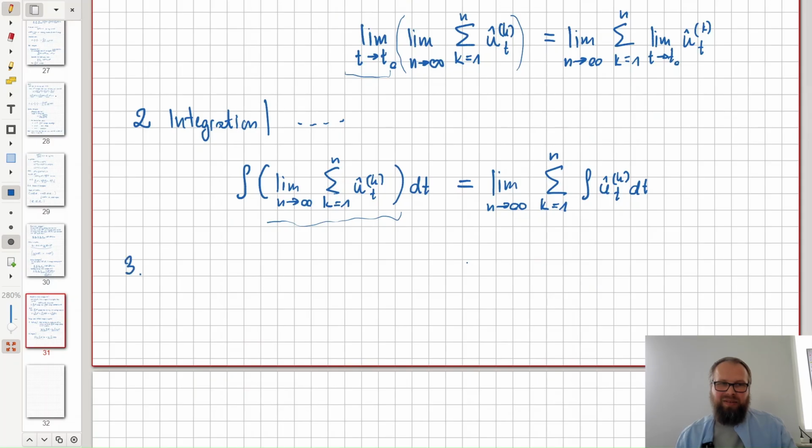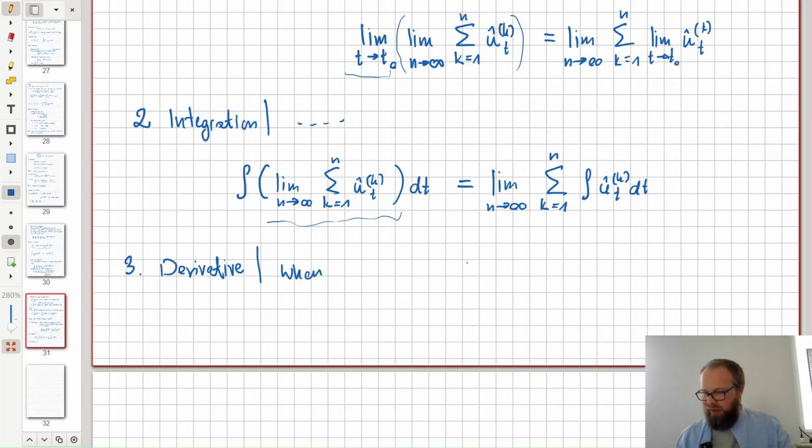Okay? Again, exchange of the derivative. Derivative. So this one is a little bit more tricky, because you need a couple of things here.